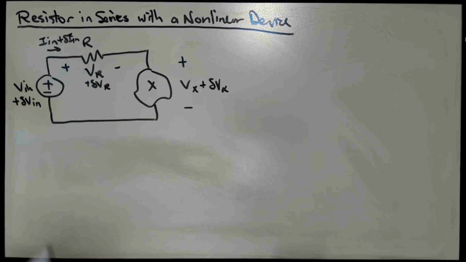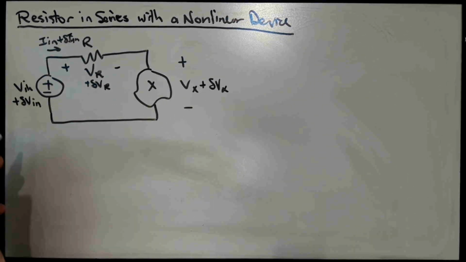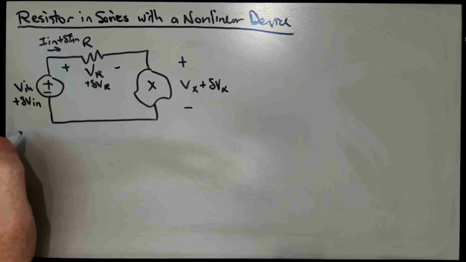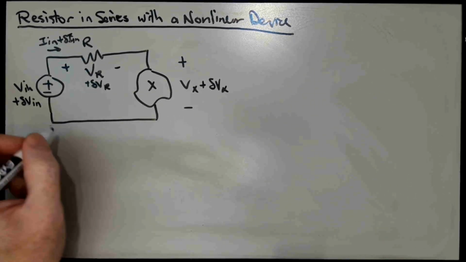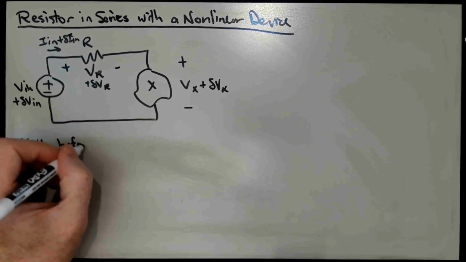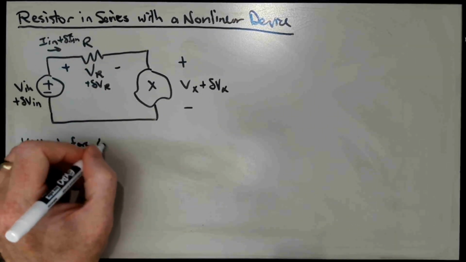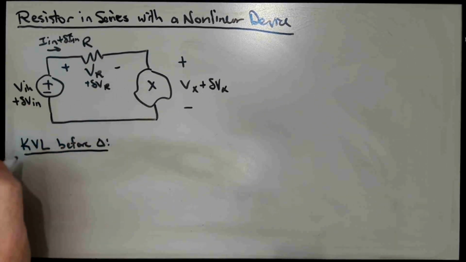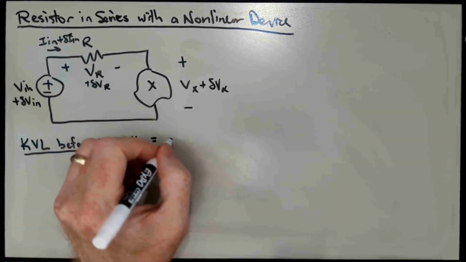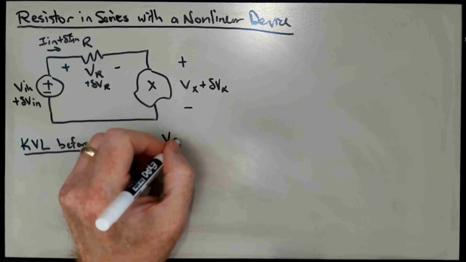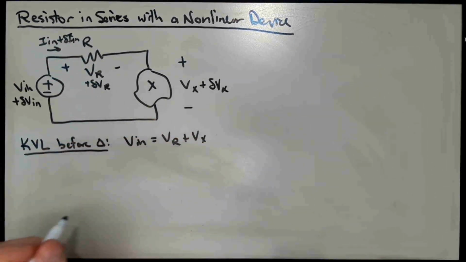So we know KVL before the change tells us that Vn is equal to V sub R plus Vx.